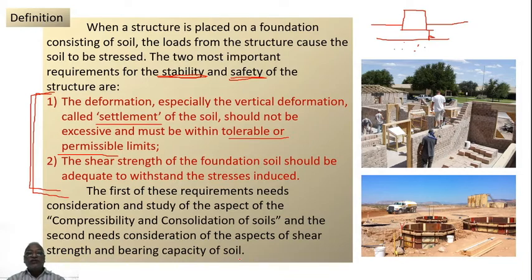It means how much load or stress can be carried by the soil. This is the safety point of view. But the stability point of view means, if it is going down, how much it goes down, in how much time it goes down, and whether it is within the permissible limit. These are the things which are of concern.